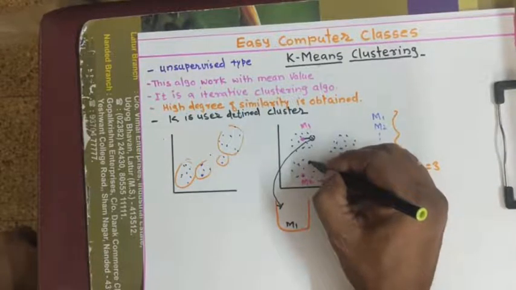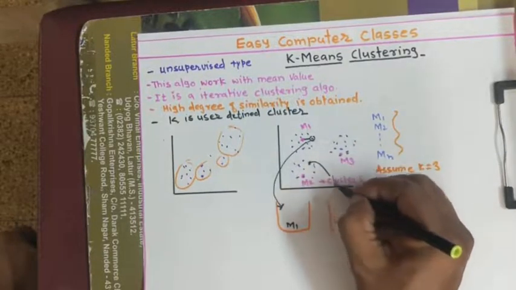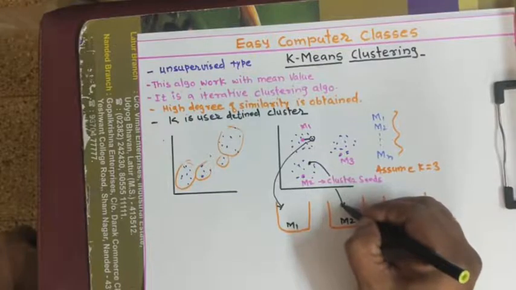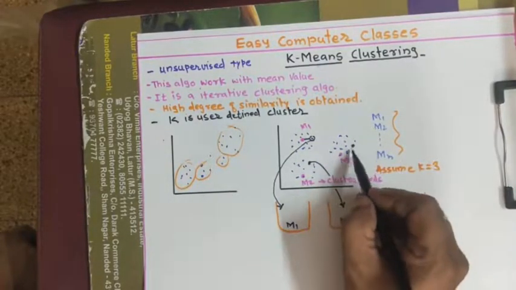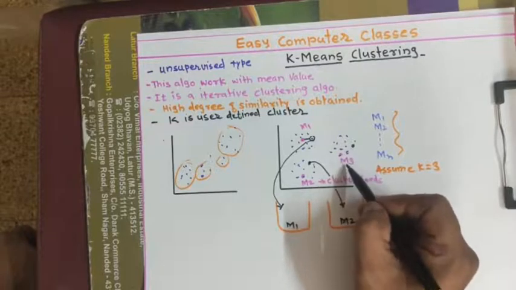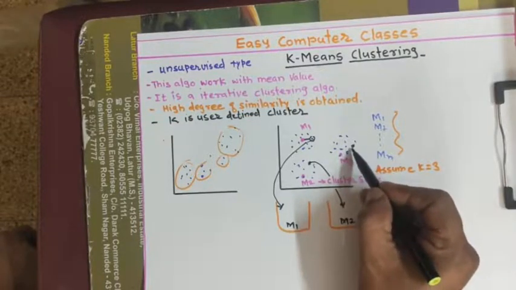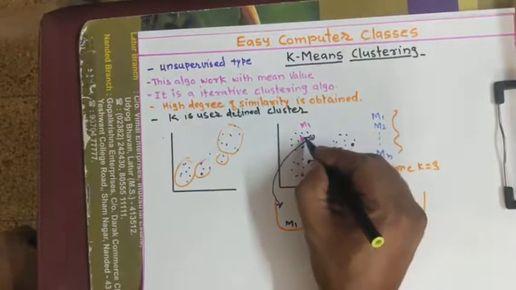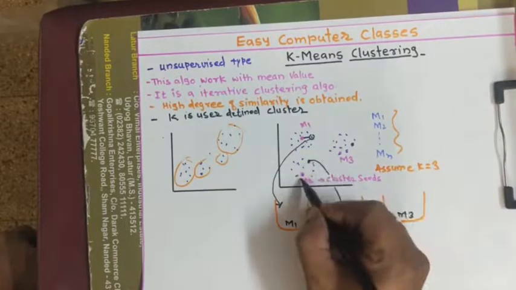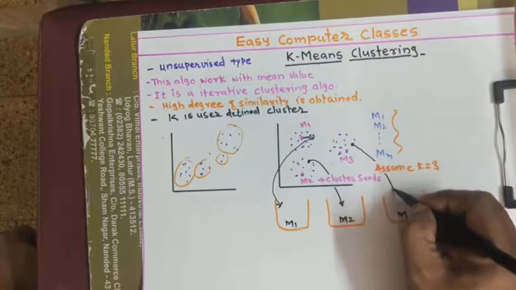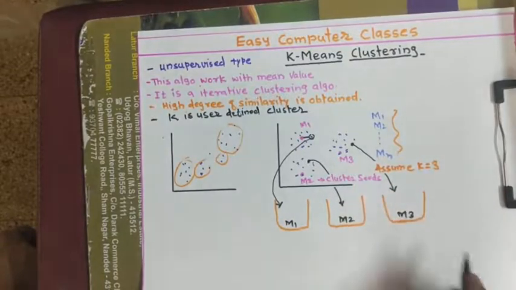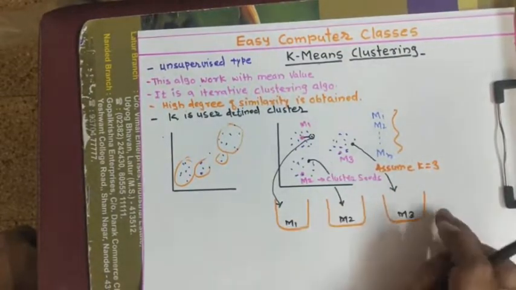Ultimately this point is placed into the M2 cluster. Likewise, we check the distance of another point with the cluster seed M3, and ultimately we find that it must be placed in this bean.